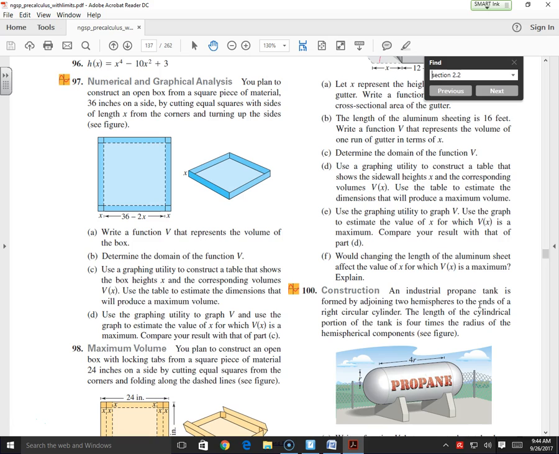Wow, only one person asked on 97. Huh. That's a very common question year after year. Let's be real for a second. How many of you guys got stuck on 97, the box one, before you went to Calc Chat?